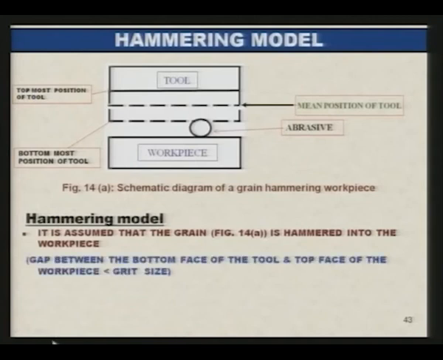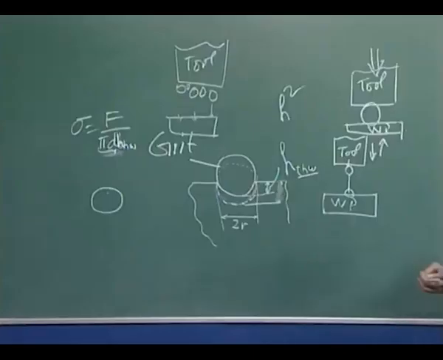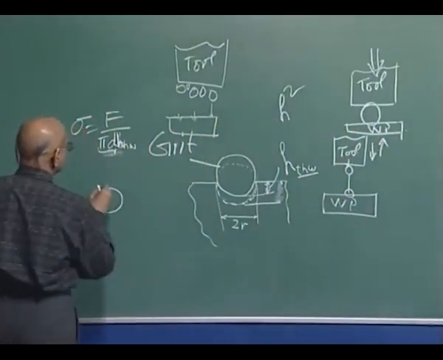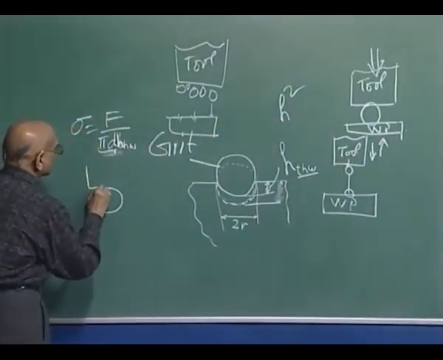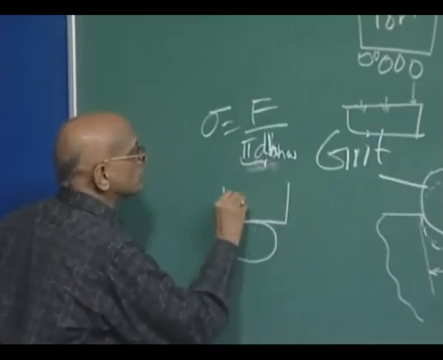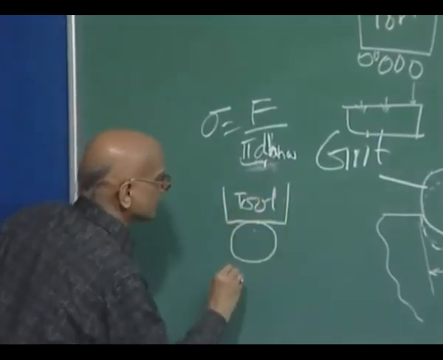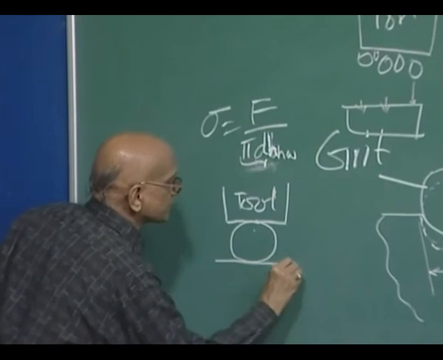It simply means that the gap between the bottom face of the tool and the top face of the workpiece is smaller than the size of the grain, that we can see here. This is the size of the grain, this is the bottom face of the tool, and this is the top face of the workpiece.